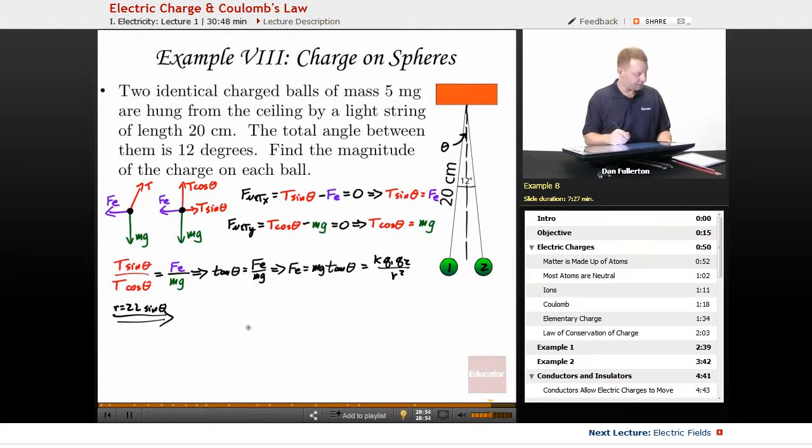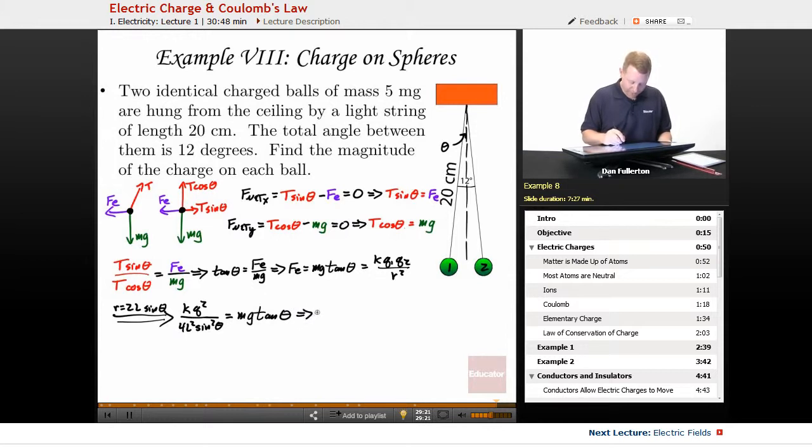So if I rewrite this again, we could say that K Q1 times Q2, if they're the same thing, just Q, that's KQ squared over R squared, which is 4L squared sine squared theta, must be equal to mg tan theta.